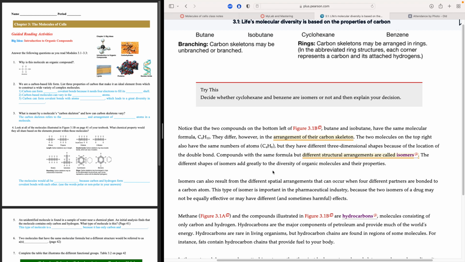Do you know the answer for question number 4 at the bottom? We're on it right now. If you haven't highlighted the word isomer, the molecules would all be isomers because carbon and hydrogen form 4 covalent bonds with each other. And they want you to use the word polar or nonpolar.